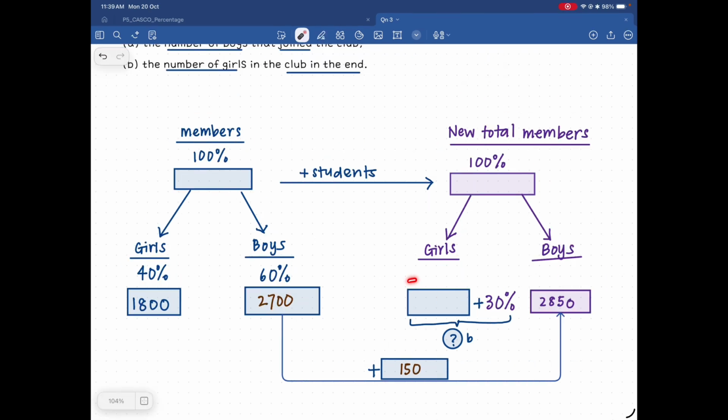Next, we want to find out how many girls there are in the end. So looking at this part of the flowchart, I know that I need the original number of girls, which is actually 1,800, and I get this information from here. There is a 30% increment in the number of girls. So this 30% is calculated using this 1,800.